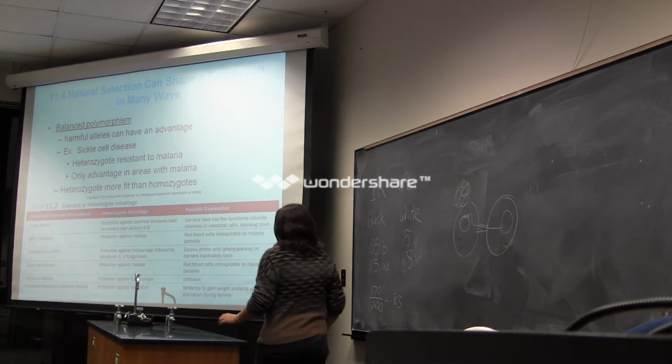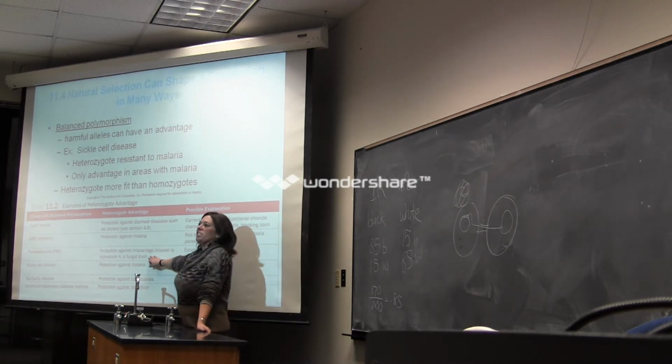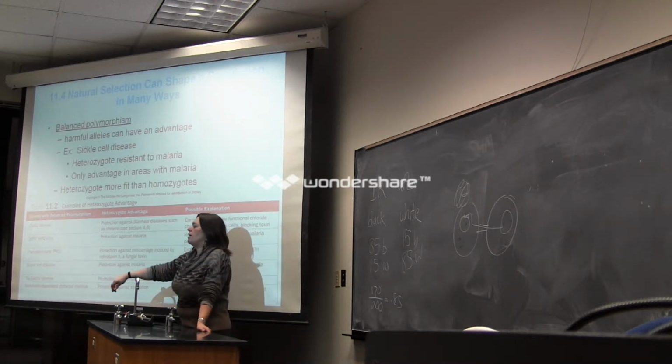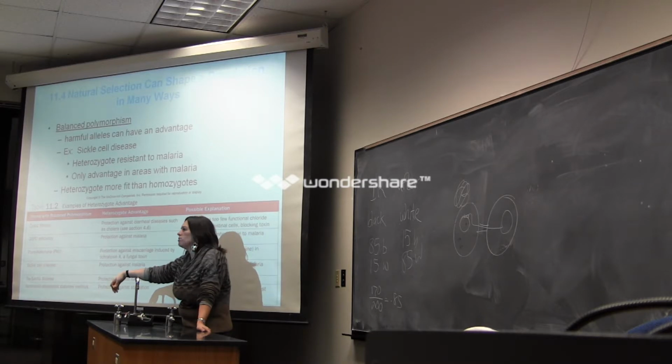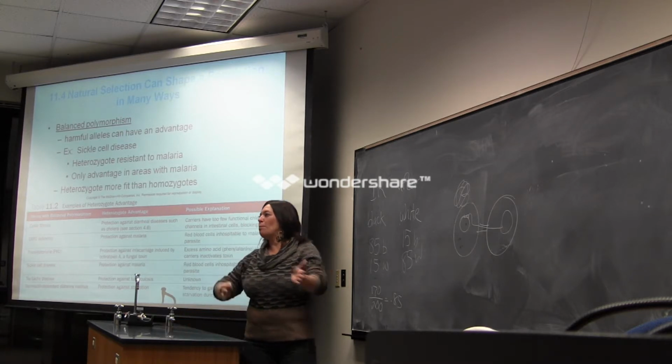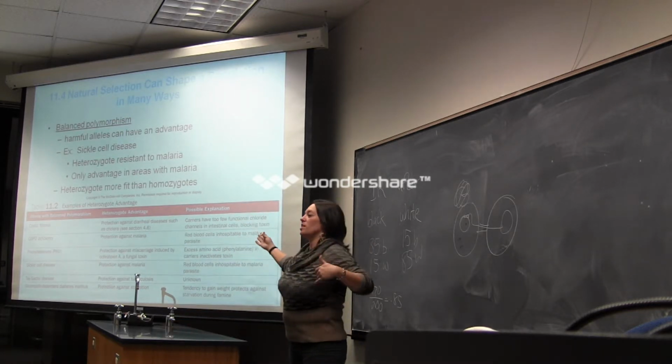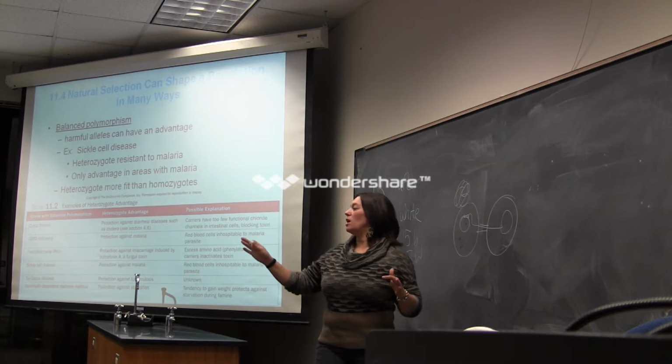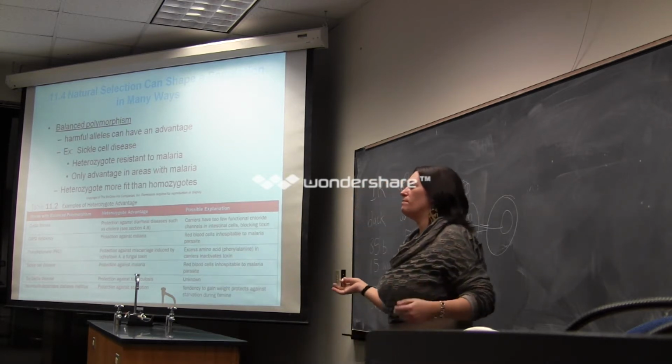But carriers of this are protected against miscarriage induced by a fungal toxin. So there's all sorts of weird, random examples of carriers of diseases that are protected by other things. And this is called a balanced polymorphism.